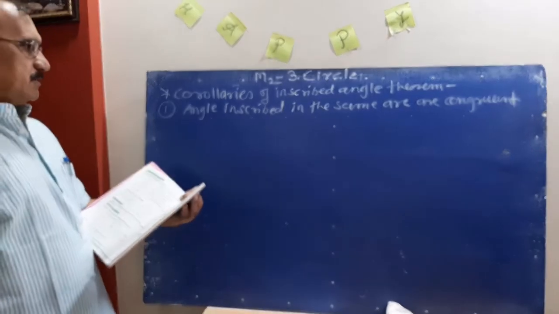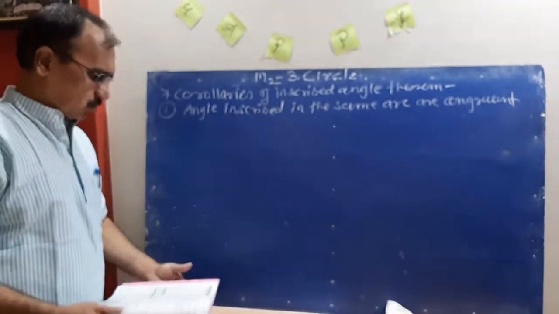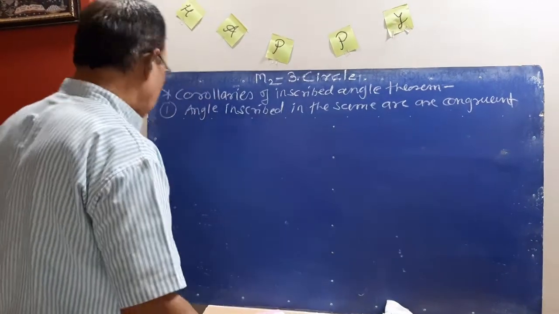Angles inscribed in the same arc are congruent. A very simple corollary. Again, draw this figure.